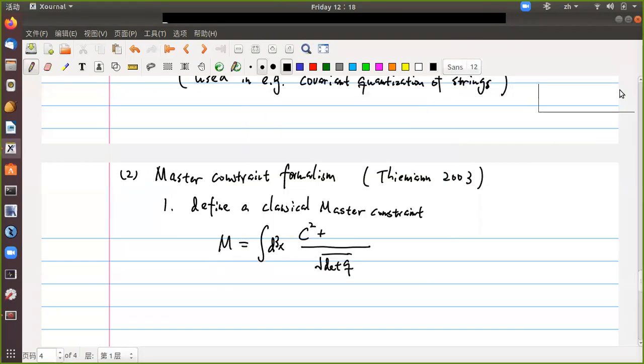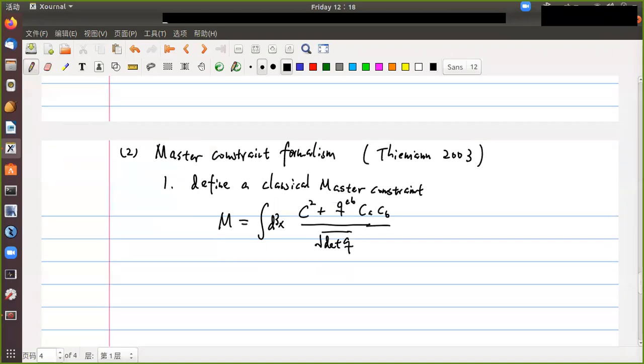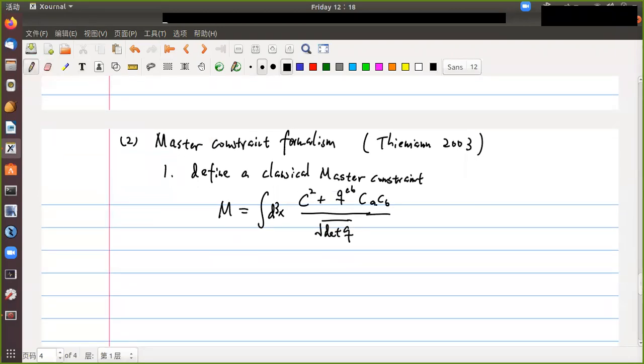Okay. So classically, we define something called the master constraint, and this master constraint is just a non-degenerate quadratic form of all the earlier constraints: Q^{AB}, where Q is an inverse metric, C_A, C_B. Using C_J to modify the diffeomorphism constraint, it looks like this: C squared plus 1/4 C_J C_J.